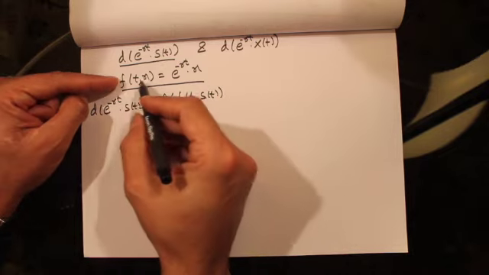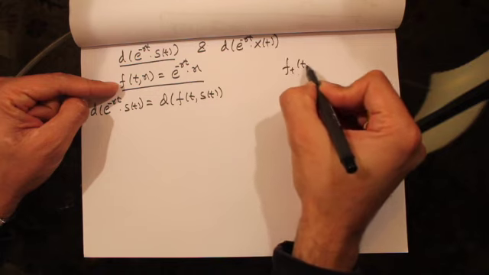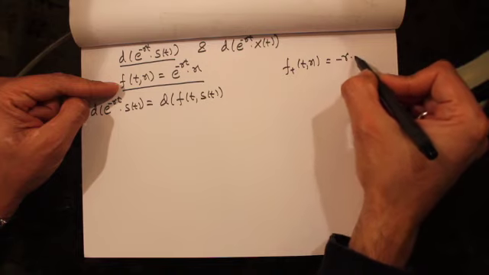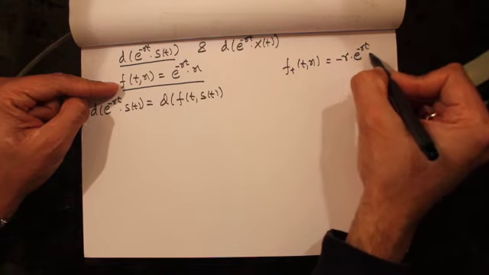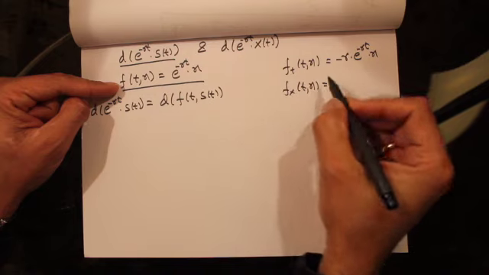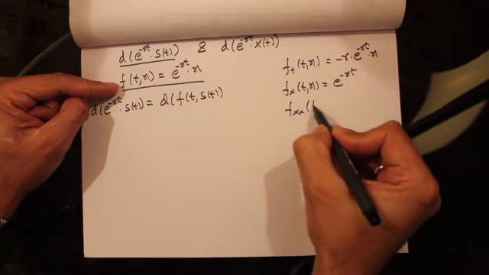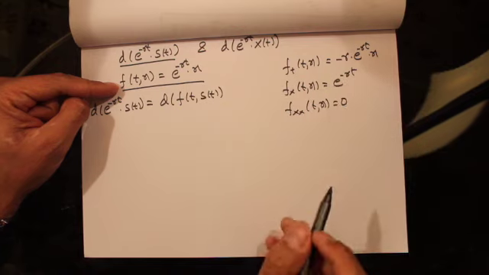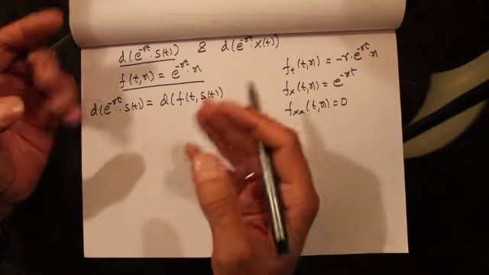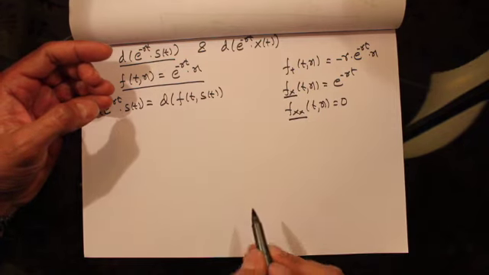So let's figure out what the partials are. f_t(t,x) is going to be given by −r e^(−rt) times x. f_x(t,x) is going to be given by e^(−rt). f_xx is going to be equal to 0. Since S(t) has a non-zero quadratic variation, we need to consider the first and the second order terms.